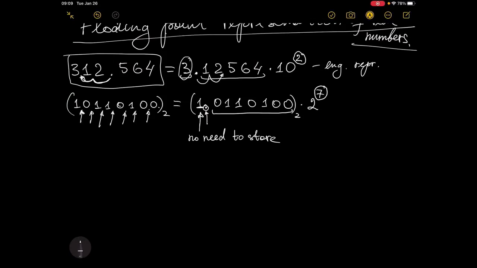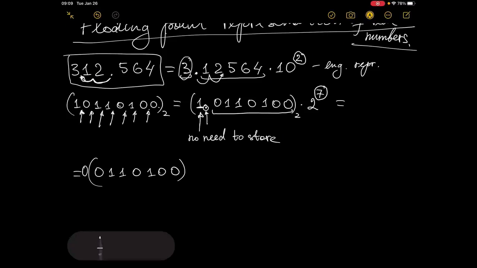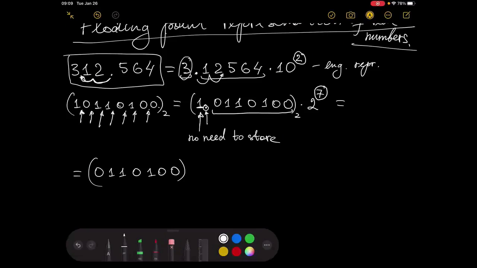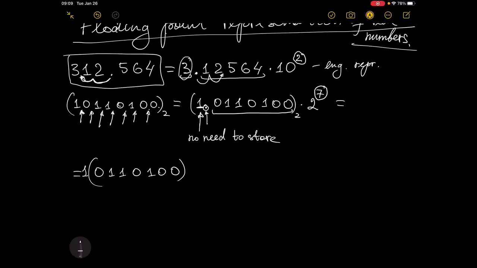So essentially, if you agree that you are storing a number like that, all you need to store is this. You know that it always has a 1 and the radix in front, and you need to store this power.